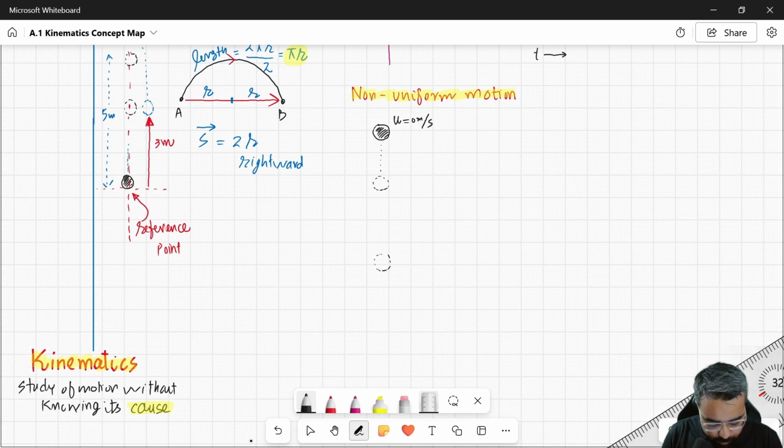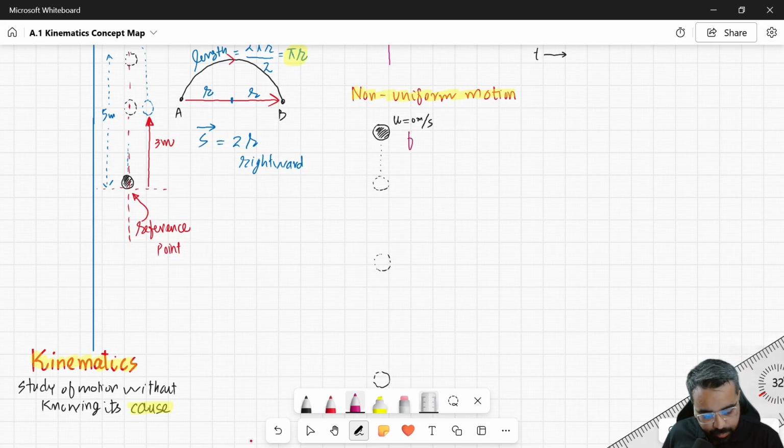So this is called non-uniform motion, because displacement, which we have seen in the previous graph, was increasing at a constant rate, but not in this one. So for this kind of motion we always get a curved graph for a non-uniform motion. And by the way, this is the free fall motion that I will cover separately.